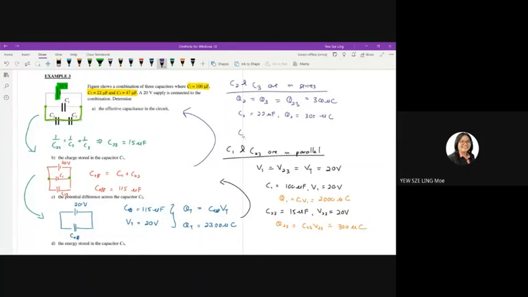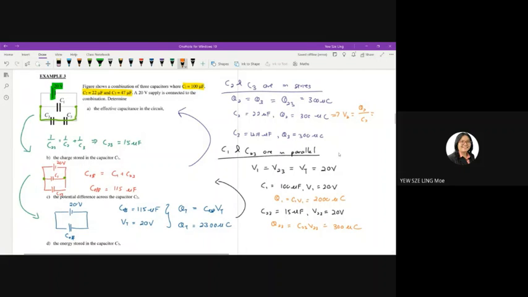We have C3 equals 47 microfarad, and then we have Q3 equals 300 microcoulomb. From here, we can then determine the V. So V2 is equal to Q2 divided by C2, which is equal to 13. Yeah, let me move it a bit.